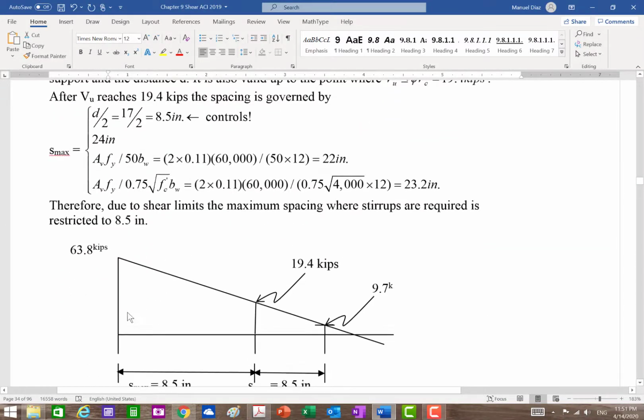From here, from the face, we're going to start 1 at 2 or 1 at 3. Then we start using spacings at 4 inches. Okay? So the question is, when could I stop using a spacing of 4 inches? So I can switch to something else. Okay? Remember the maximum spacing is 8.5, which we rounded down to 8.